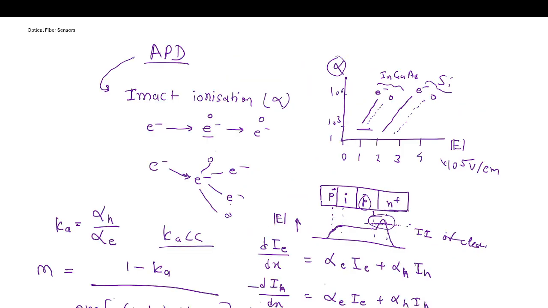And second, for indium gallium arsenide you need lesser power to act as an APD, while silicon requires more electric field.